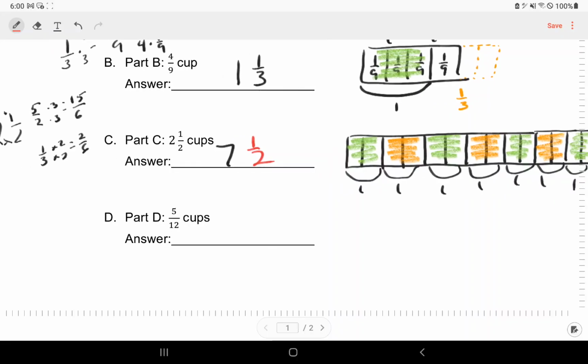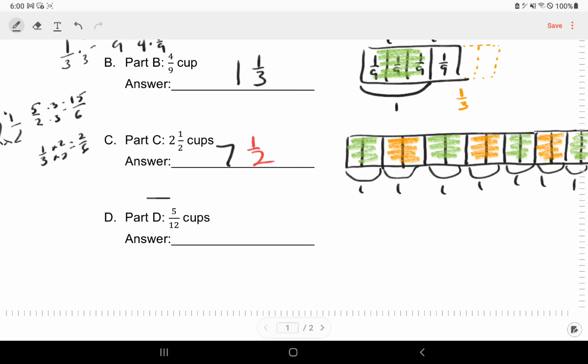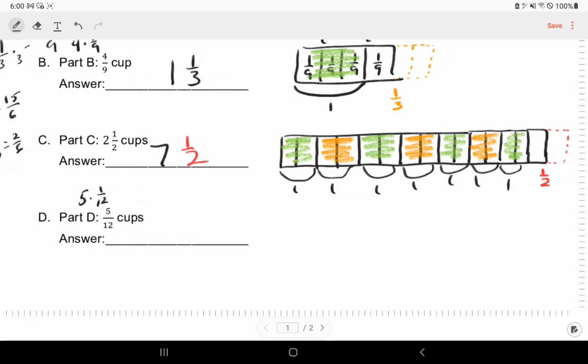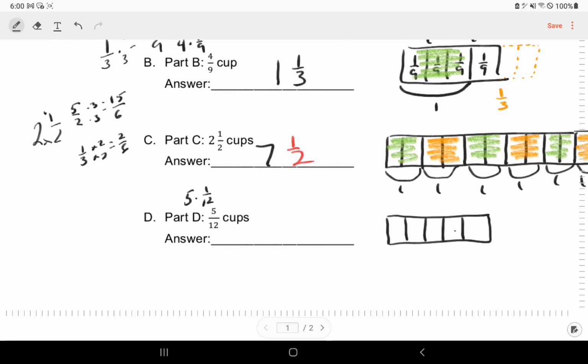And now here for this part D, 5/12 is 5 times 1/12. So that's 5 boxes that represent 1/12. So 1, 2, 3, 1, 2, 3, 4, 5.